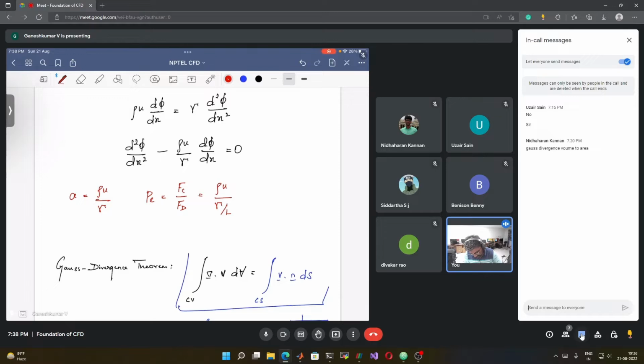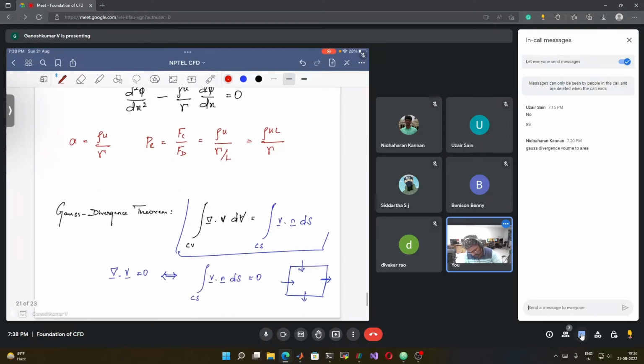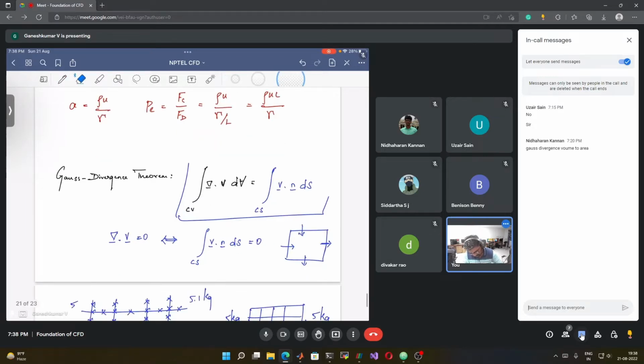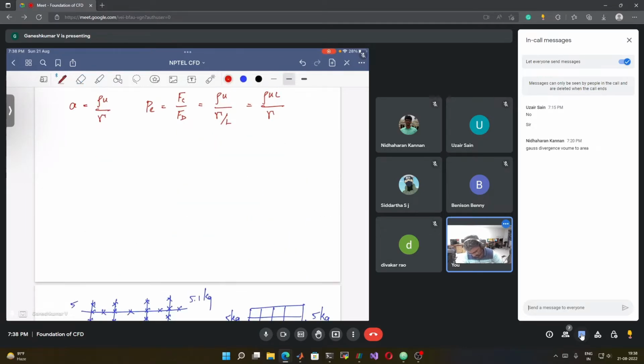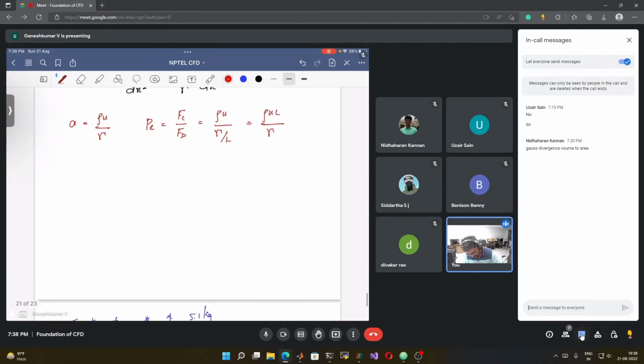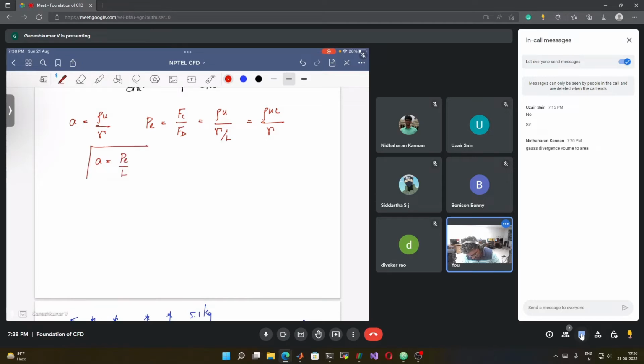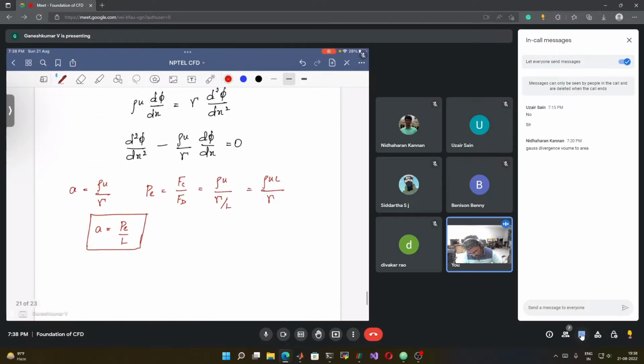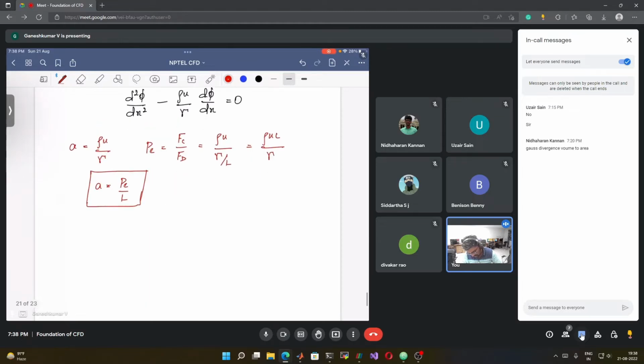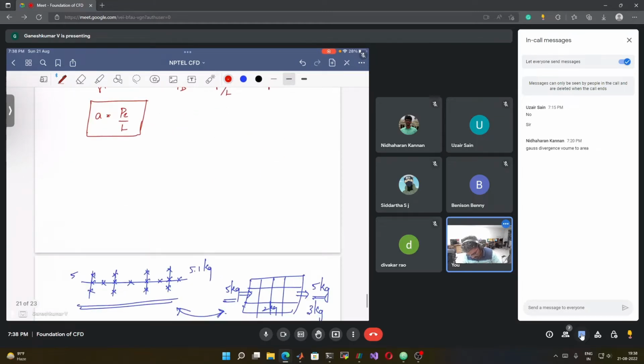So the Peclet number is rho u L by gamma, and a is rho u by gamma. So we can write a to be the Peclet number by L. So let's try to solve this differential equation.